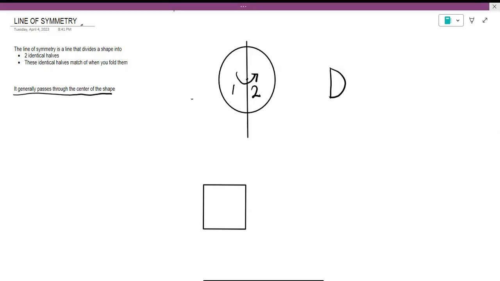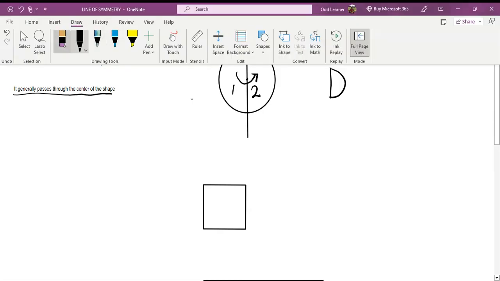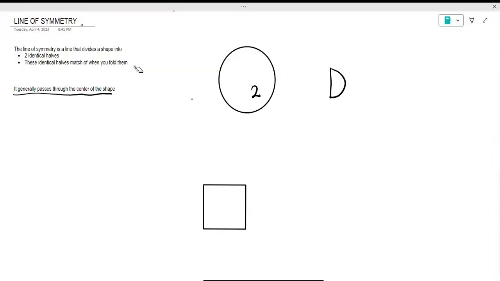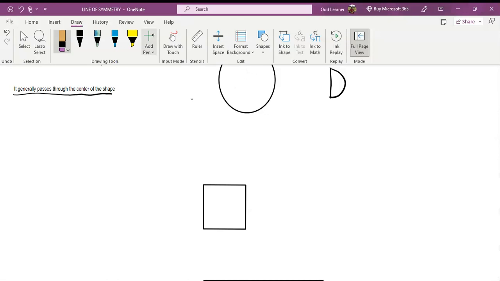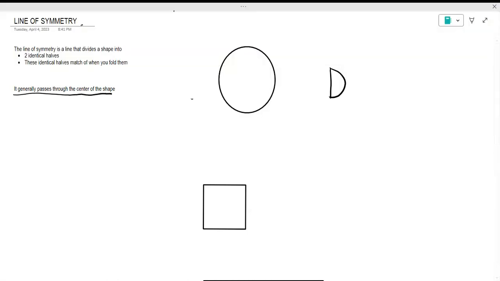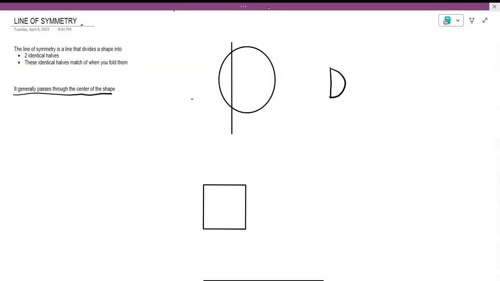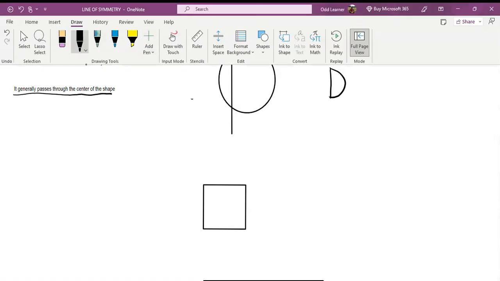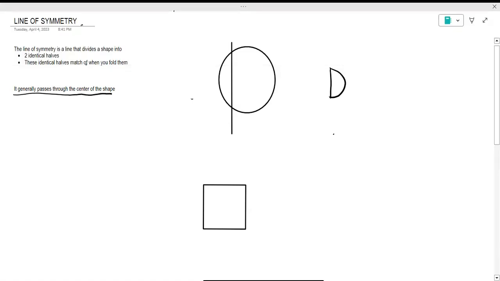If we were to draw another line, let's say somewhere around here, it divides the circle into two parts that are not identical at all.